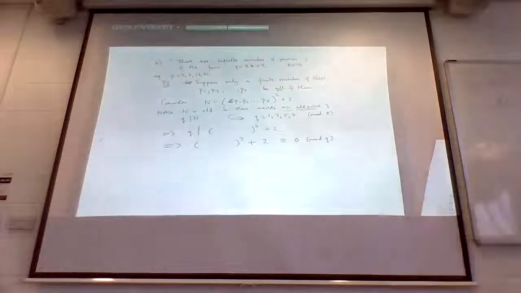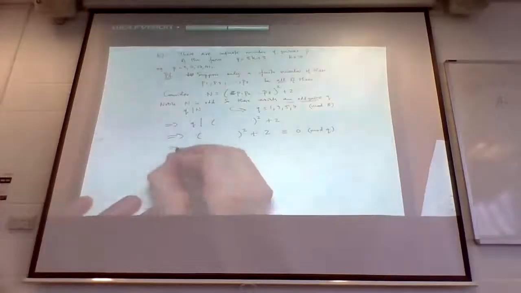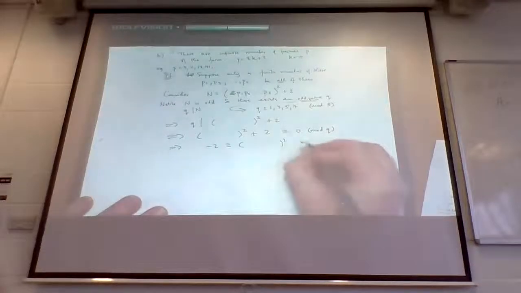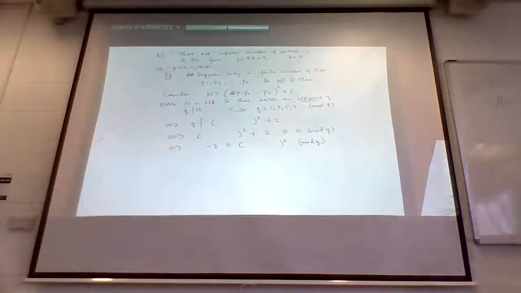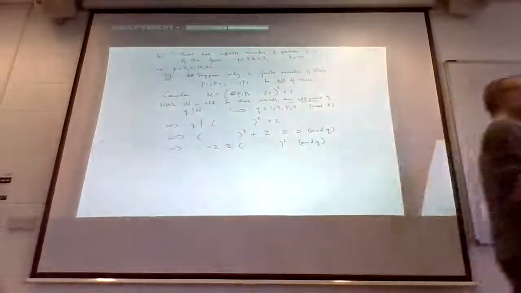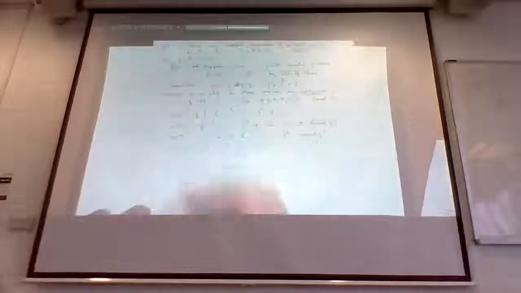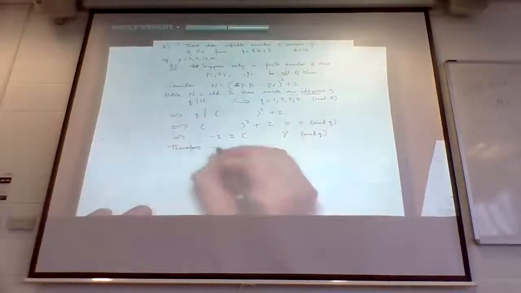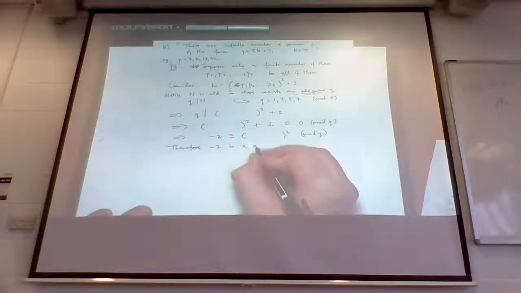Or in other words, minus 2 is congruent to this big bracket squared modulo q. We recognize that as making a claim about a quadratic residue. Therefore, minus 2 is a quadratic residue modulo q.